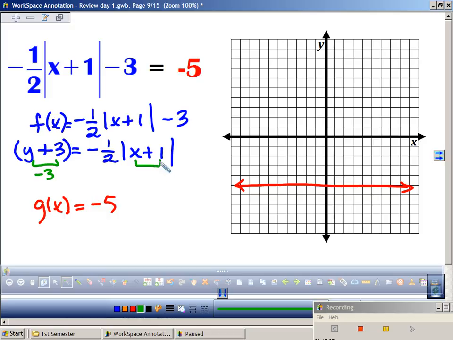And x is going to be equal to negative 1. So I'm going to go over 1 down 3, over 1 down 1, 2, 3. And then my slope is negative 1/2, so we're going to go down 1 over 2, down 1 over 2, down 1 over 2, down 1 over 2.